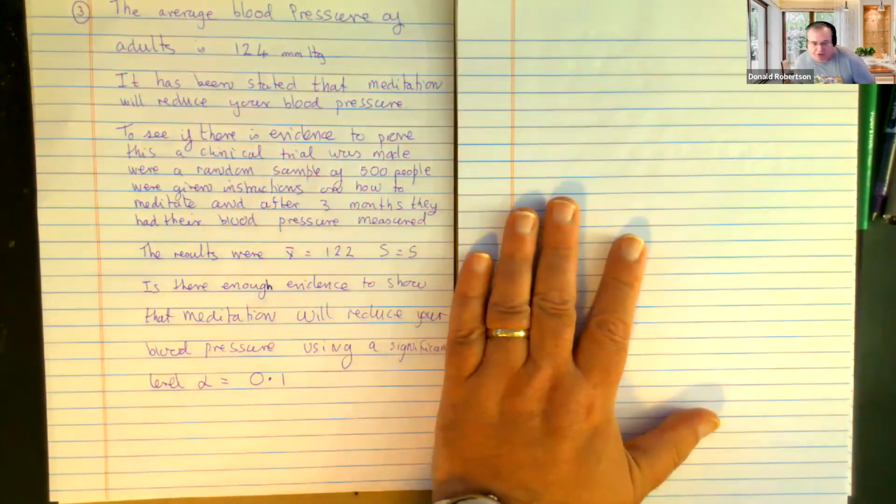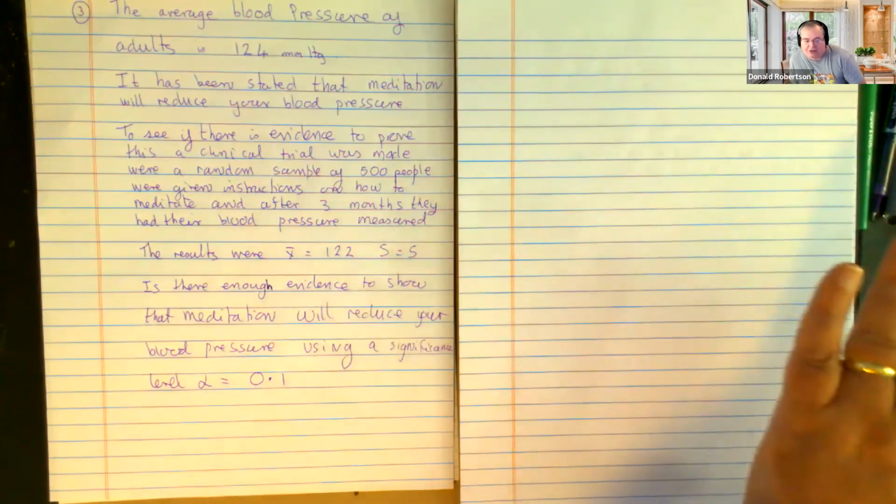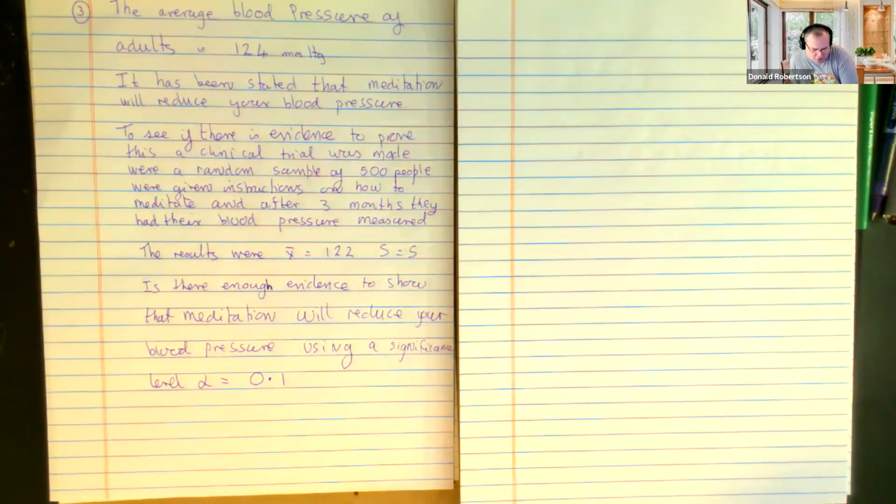One group gets taught how to meditate, and the second group gets taught a newly made up exercise that you do 5 minutes a day. And it could be anything you like, right? Nose, ear, touch your toes. Nose, ear, touch your toes, right? Whatever it is.